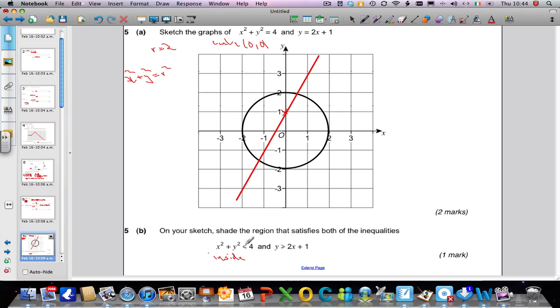So I'm going to shade inside the circle, and it says and where y is greater than or equal to 2x plus 1, that means I'm going to shade above the line. So we're shading inside the circle and above the line, which is all this region in here.